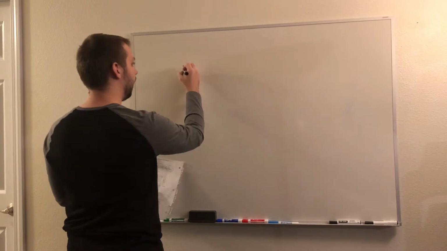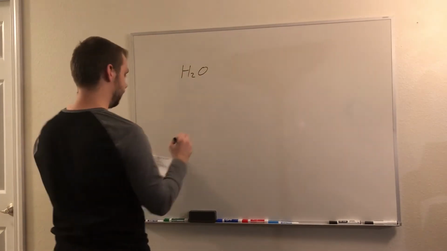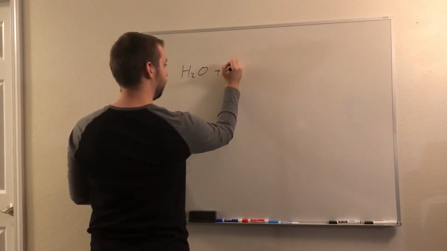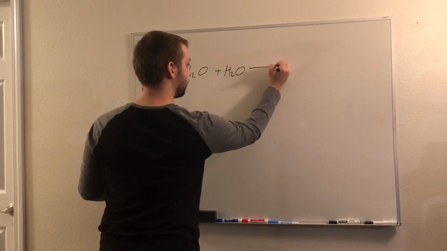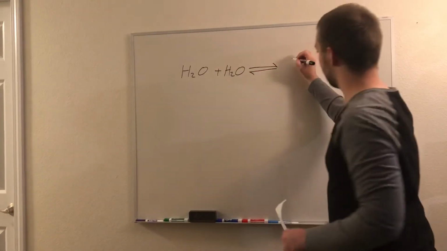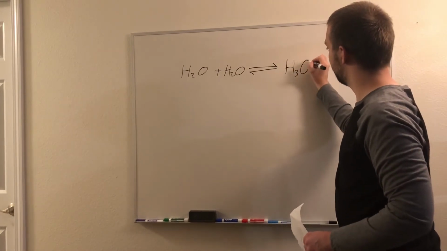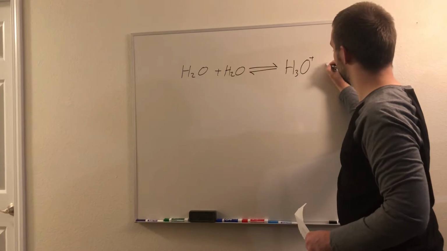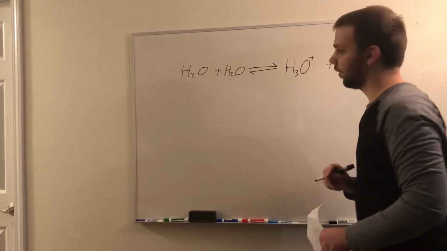We can also say that we have two water molecules. Then this can form what's called the hydronium ion, plus the hydroxide anion.